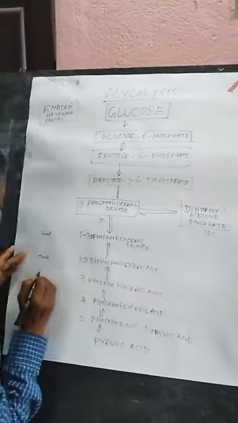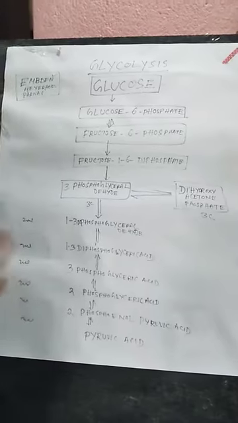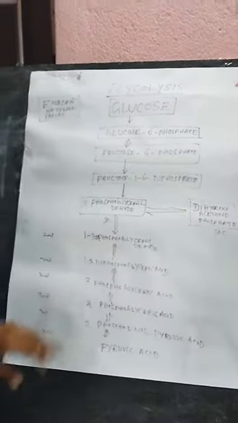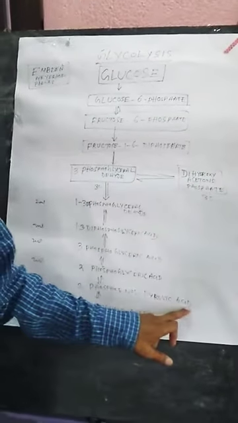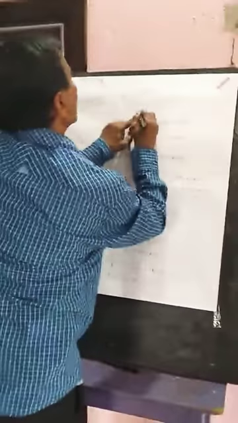Then 3-phosphoglyceraldehyde to 1,3-diphosphoglyceraldehyde, then 1,3-diphosphoglyceric acid, then 3-phosphoglyceric acid, then 2-phosphoglyceric acid, then 2-phosphoenol pyruvic acid and pyruvic acid. This is the 10 step reactions. So our motto is to get pyruvic acid and ATP.